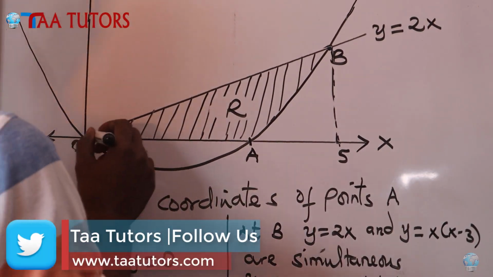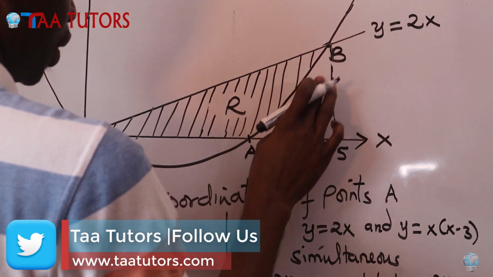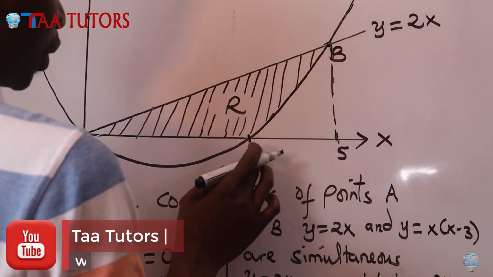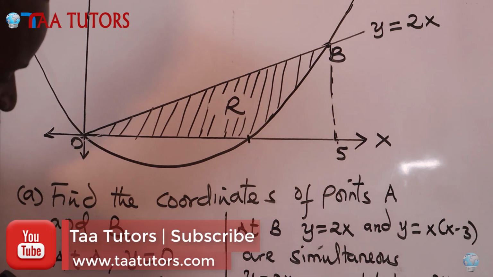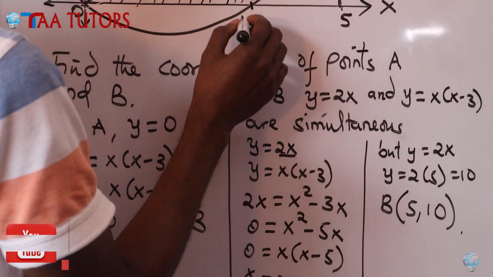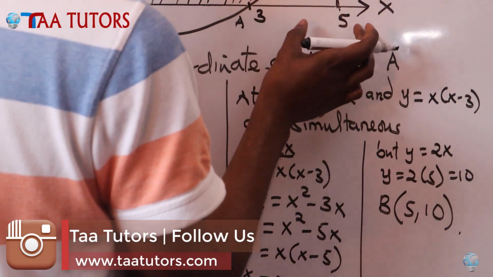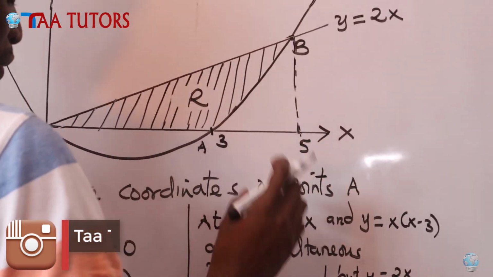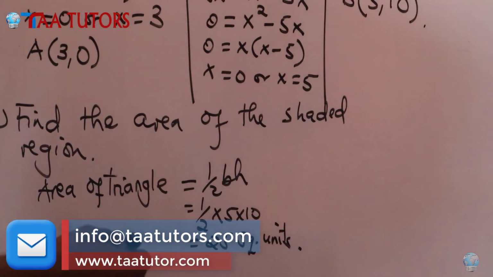It is simple. That area covers from point O to this point, to this point. But you realize that there is an area here that we don't need. You need to take it out, and this is the area under this curve between limit A, which we got as 3, so at A, x is 3, and 5. If we get that area under the curve, we will subtract it from here, and then we have the answer.